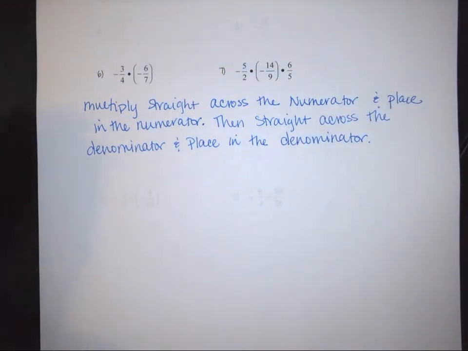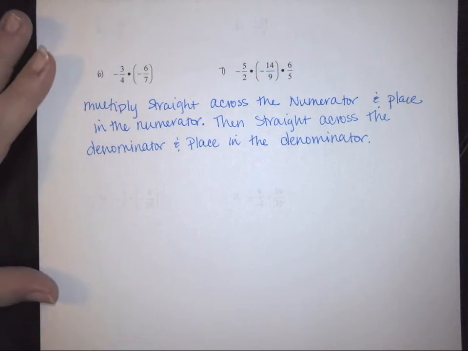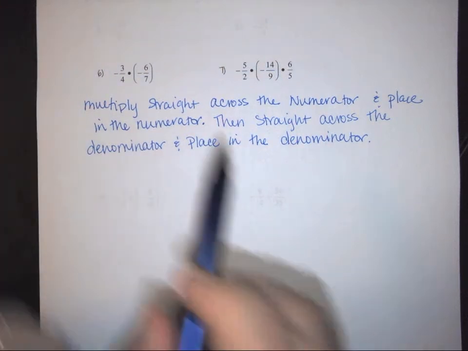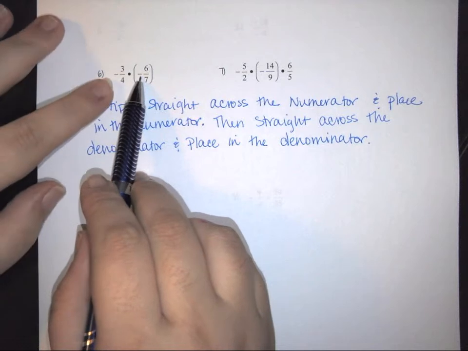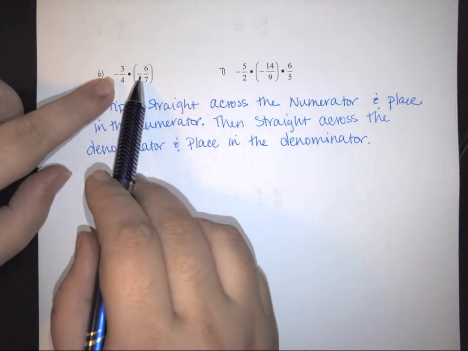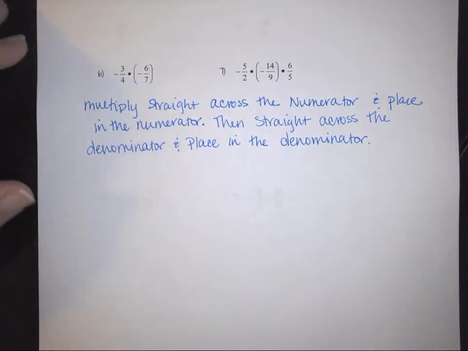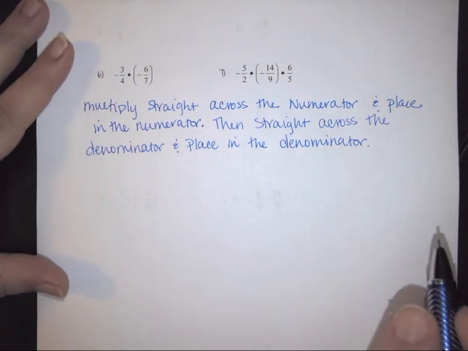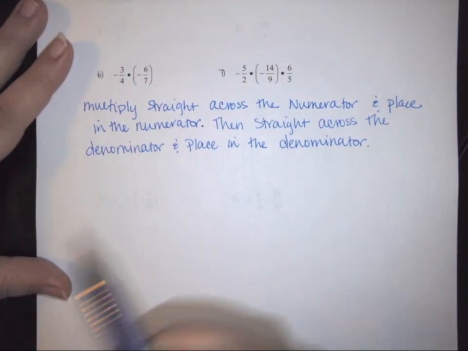Okay. Using that rule, I have to multiply these together. First and foremost, I have negative and negative. That's two negatives in a two-term multiplication, so they go away and become a positive. Now I go straight across the top, or numerator, and place it in the numerator.